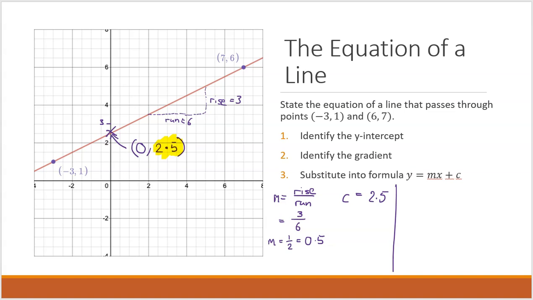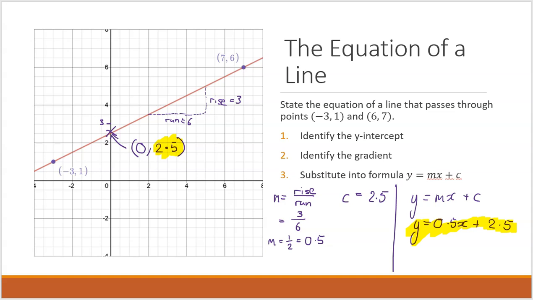Now to get the equation, we substitute in m and c, so y equals mx plus c, and we discovered that m is equal to 0.5, so y equals 0.5x plus 2.5. So what we've got over here is our equation for this line.